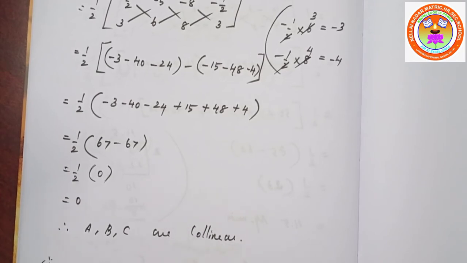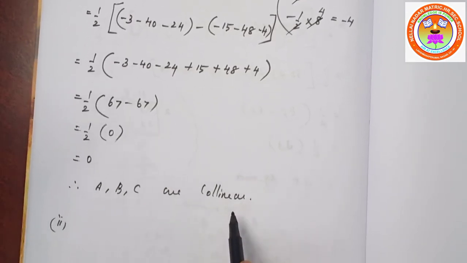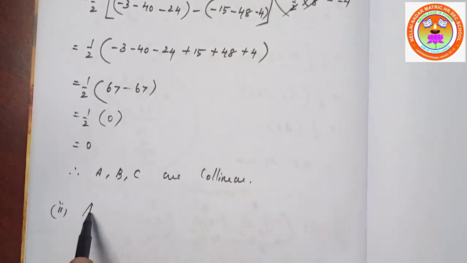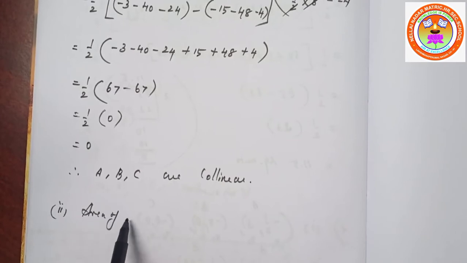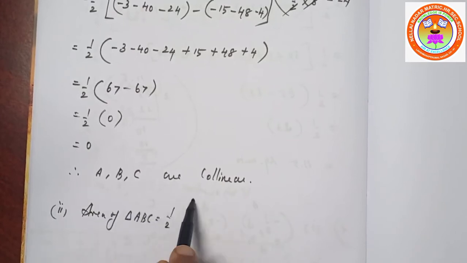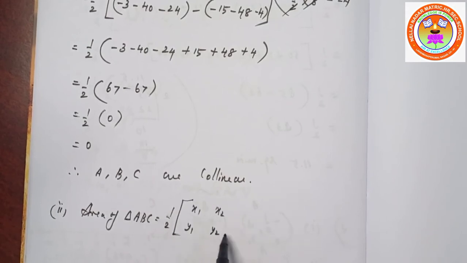Now subdivision number 2. Area of triangle ABC, that is equal to half into x1, y1, x2, y2, x3, y3, again x1, y1.